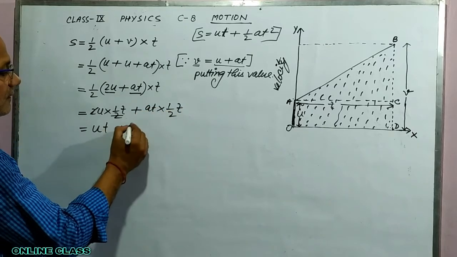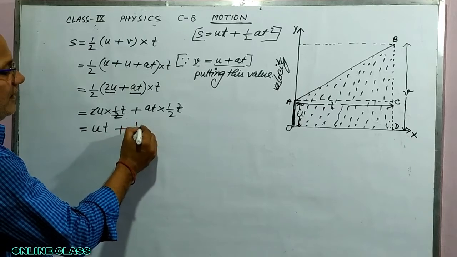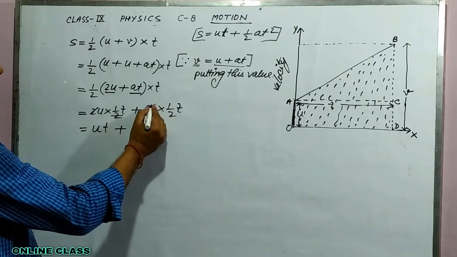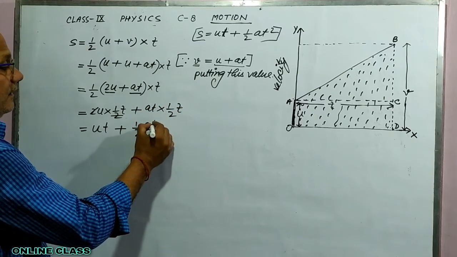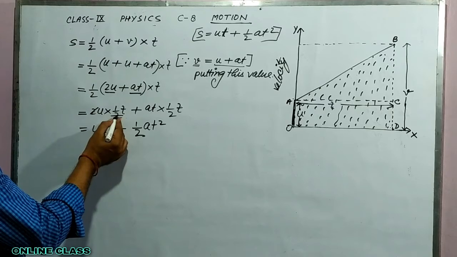You can write this as 1 by 2 at into t, that is at square. 2 and 2 cancel.